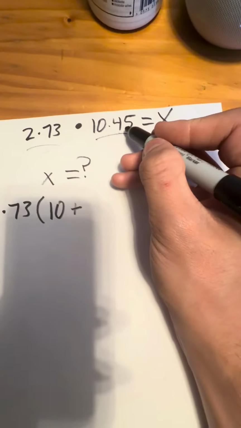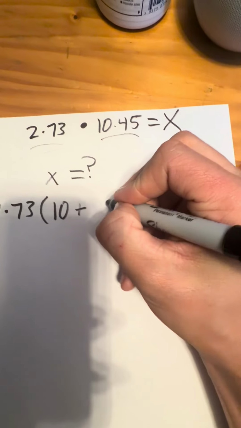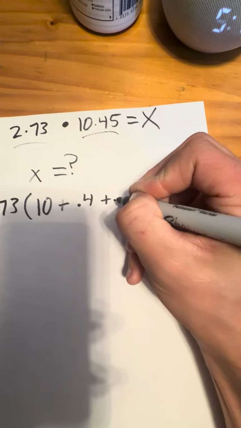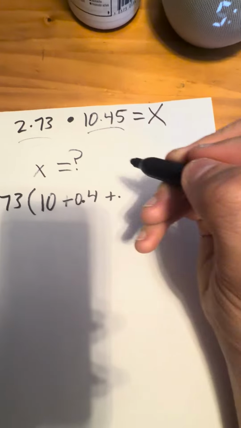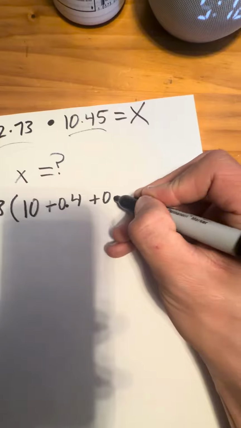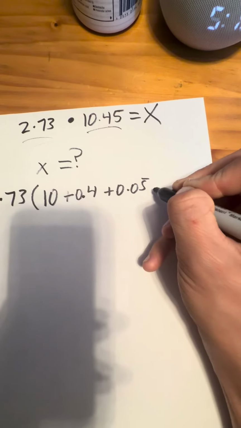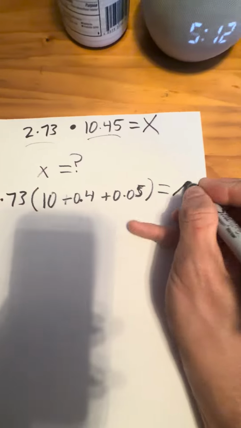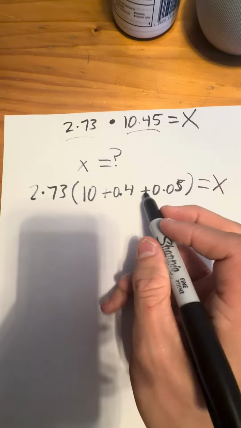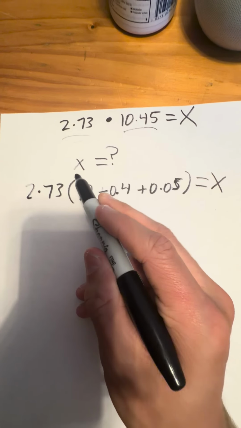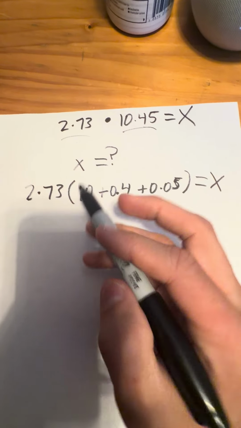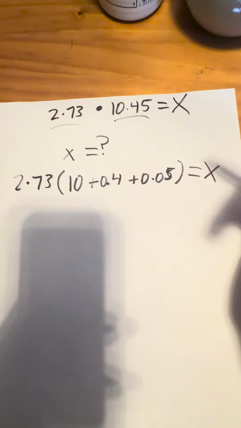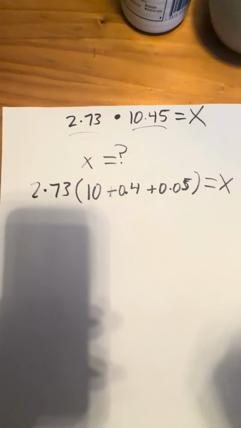I'll start off with 10 plus 0.4 plus 0.05. So this is a bit easier. It's 2.73 parentheses times 10 plus 0.4 plus 0.05. It's still equivalent.